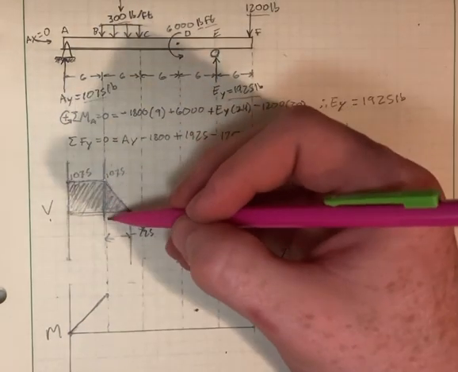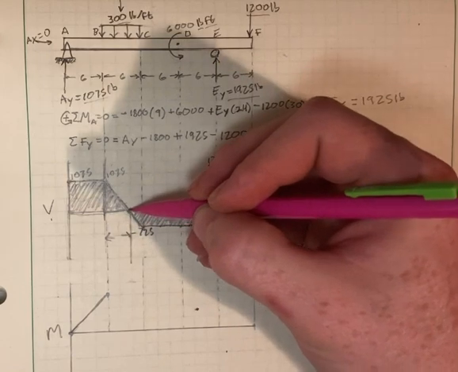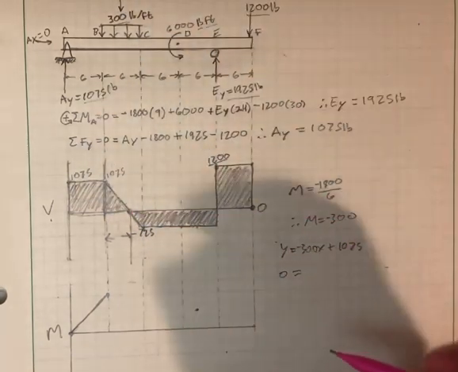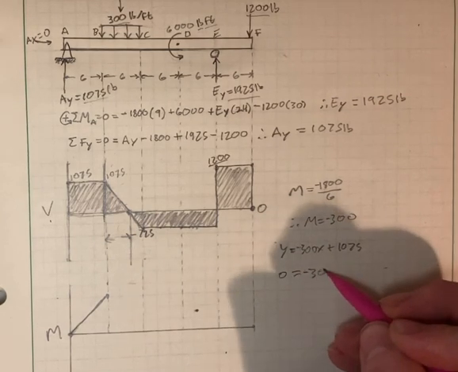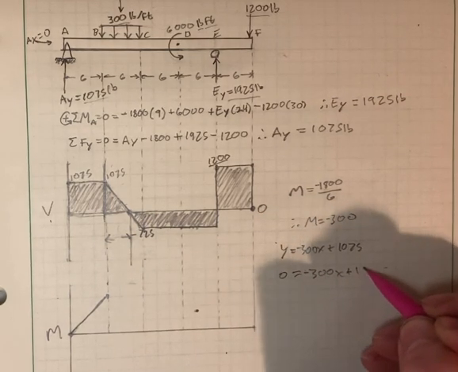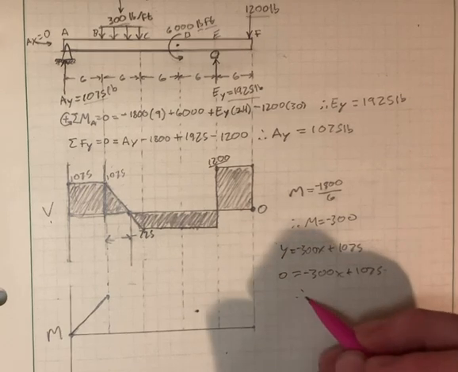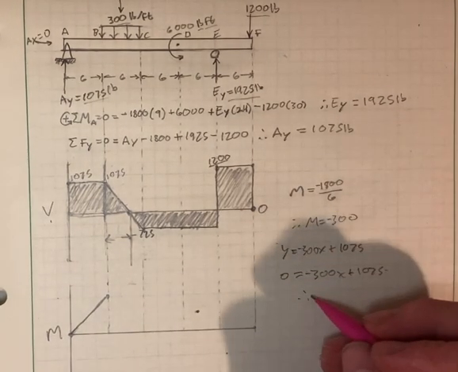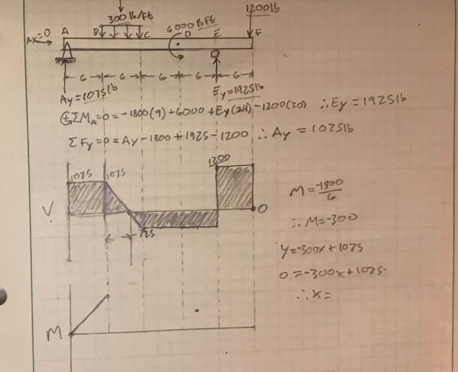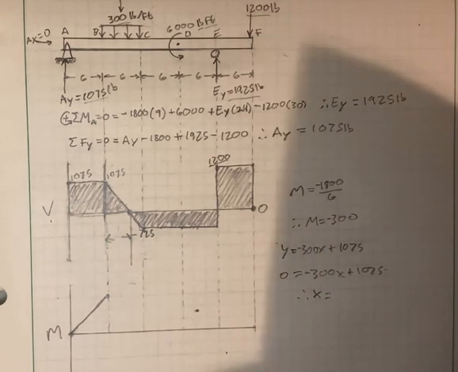All right, set y to be 0. That'll tell us that x distance, where the graph crosses the axis. So 0 equals negative 300x plus 1075. Solve for x.